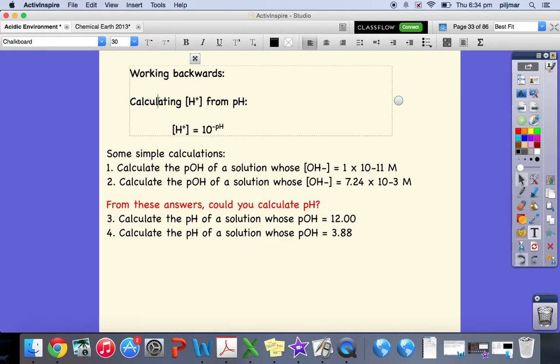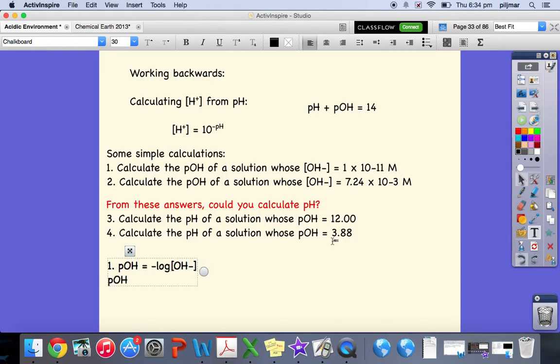If we calculate pOH, we can also find the pH of a solution. Remember, we said pH plus pOH is equal to 14. If we look at number 1, the pOH of a solution whose hydroxide ion concentration is 1 times 10 to the negative 11. They've made these ones pretty simple for you. So let's do 1. pOH is equal to negative log of the hydroxide ion concentration.